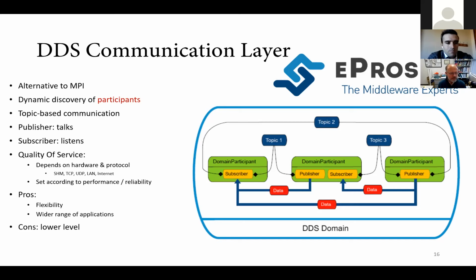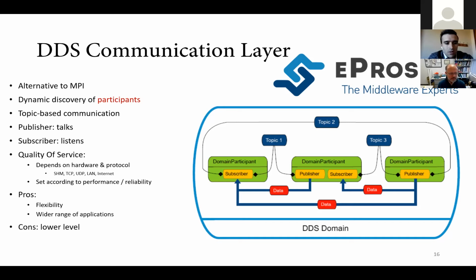The real asset of DDS, and the reason why DDS is being adopted by ROS2, is the quality of service. Quality of service is a set of settings that can be adapted to the particular hardware or protocol underlying the communication, like shared memory on the same machine, or the local network, or even the internet, or even satellite communication.